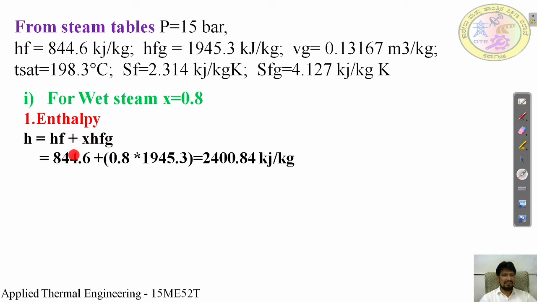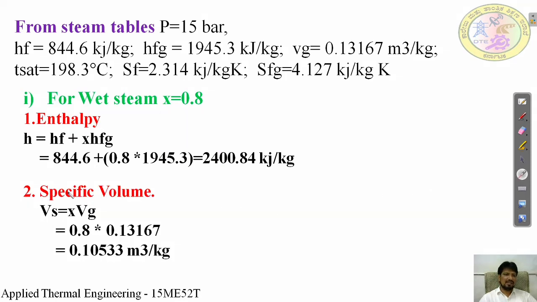The HF value from the steam table is 844.6, X is the dryness fraction 0.8, and the HFG value from the steam table is 1945.3, which you substitute. After calculating this you will get 2400.84 kilojoules per kg. This is the enthalpy of wet steam.